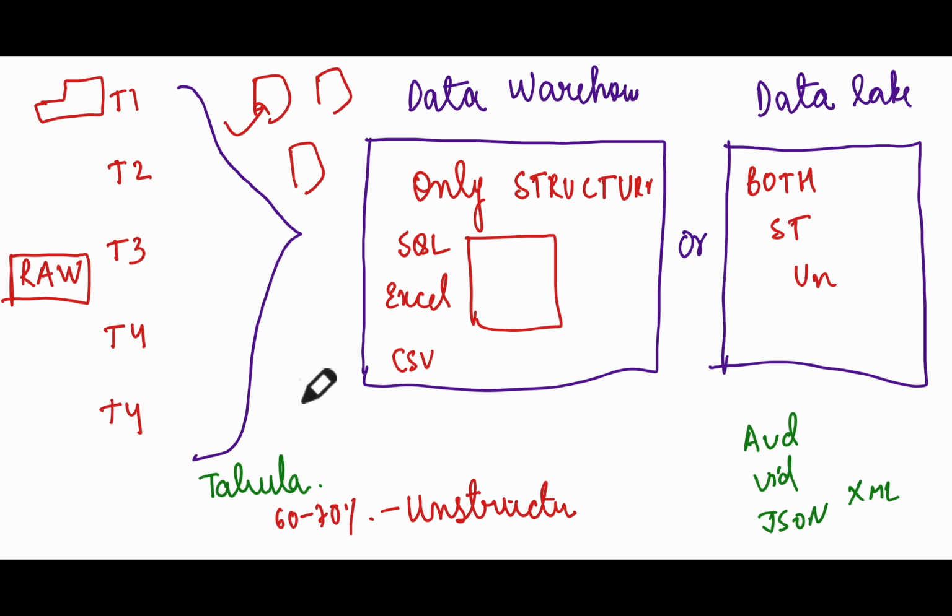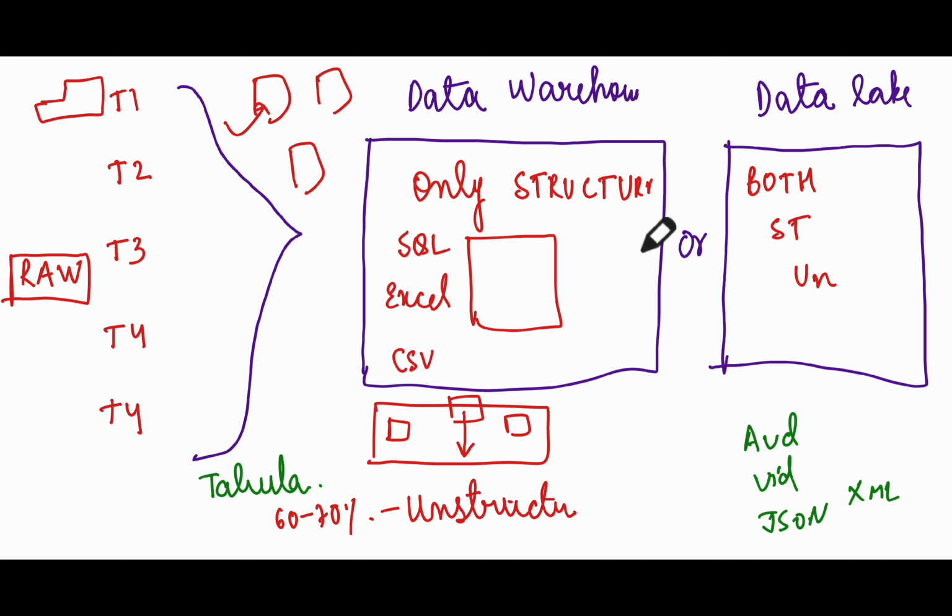So in a city, there's a warehouse here, there's a warehouse here, there's a warehouse here. Whichever warehouse is closer to your house, your item will be shipped to that particular warehouse, and from there it will be delivered to your address. So this is how things are done: we take the raw data, we store it in data warehouses or data lakes, and from there, depending upon the use case, you utilize it.